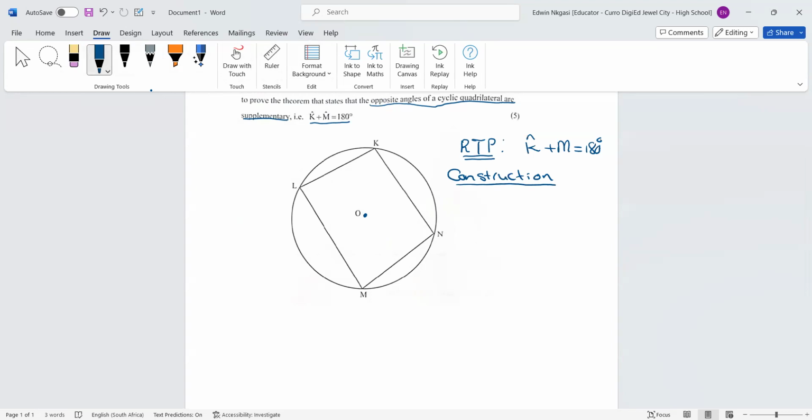In this case, whatever I'm going to draw is not a diameter, it's actually two radii going into separate directions. So you can say draw radii LO and NO.